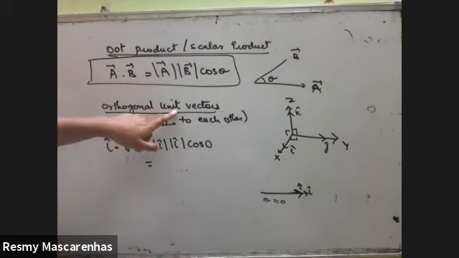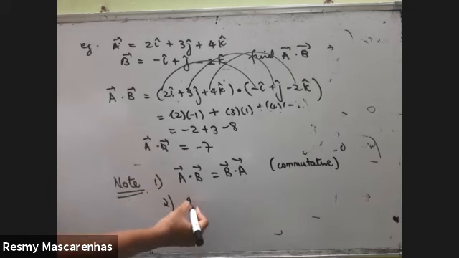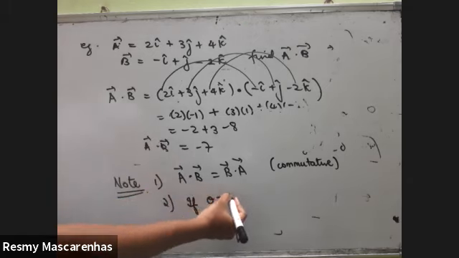Second one, if theta is 90 degrees, that is, if a bar is perpendicular to b bar, always the dot product will be 0.